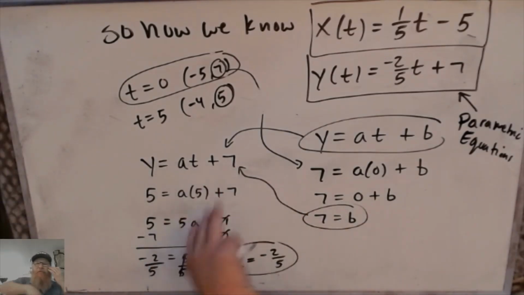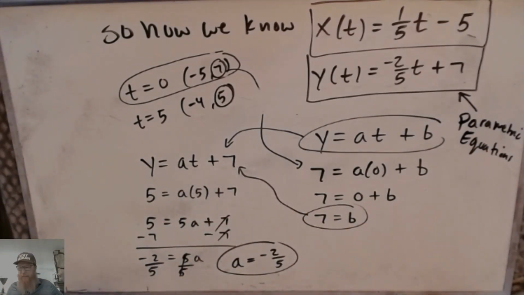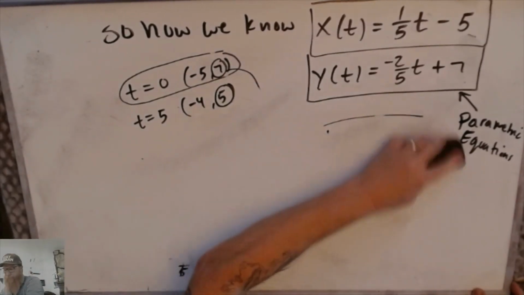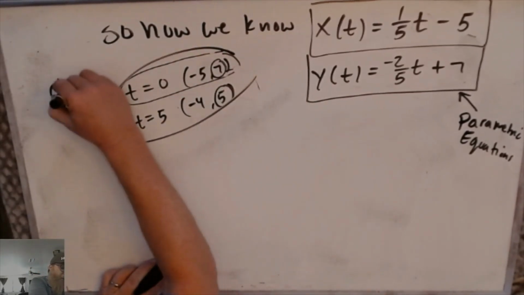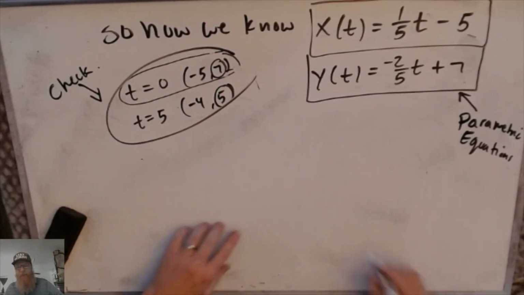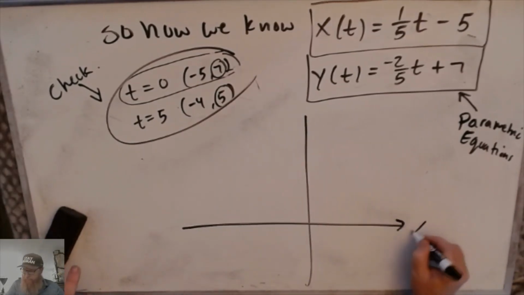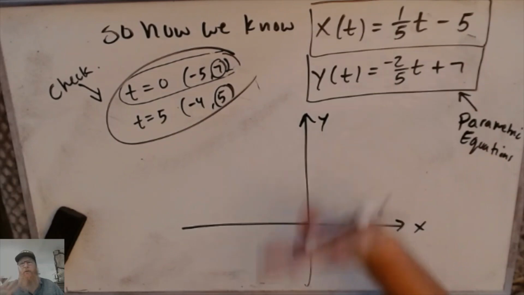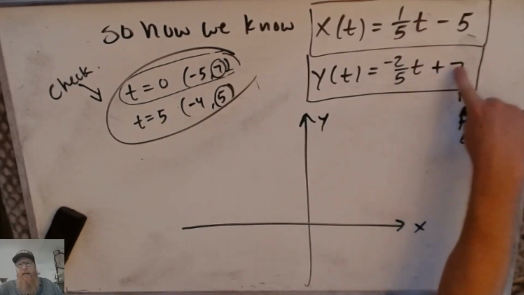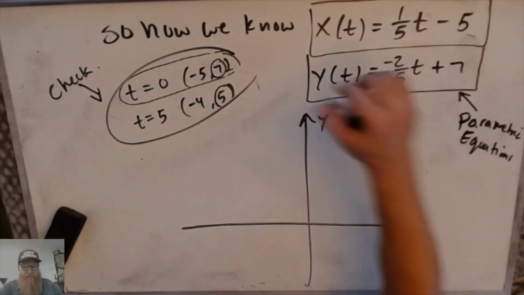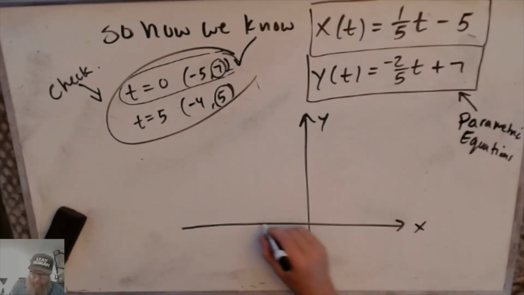I erased the graph a long time ago, but we could easily reproduce the graph. It's pretty easy to check what you got. You could use these to check. X and Y. Go ahead, you can do it with mental math. Plug in 0 for t into both of these, and you're going to get negative 5 and 7. Check.